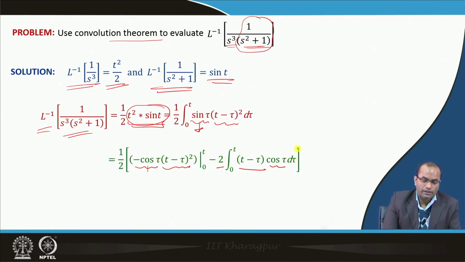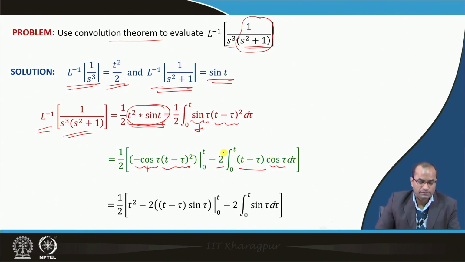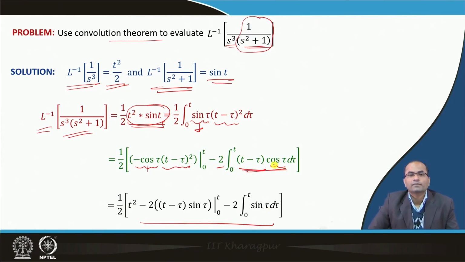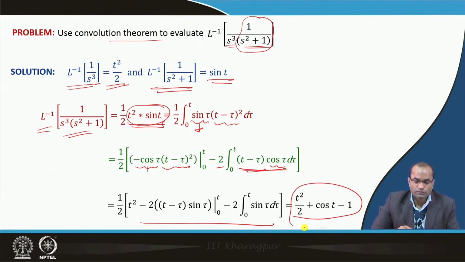And then we have, because the minus will be coming from this minus tau and the one from this cos, so it will be plus and this will remain minus as it is, and now we can substitute those limits by doing here also once again this by parts. What finally we will get here is t square by 2 plus cos t minus 1 as the Laplace inverse of the given function.